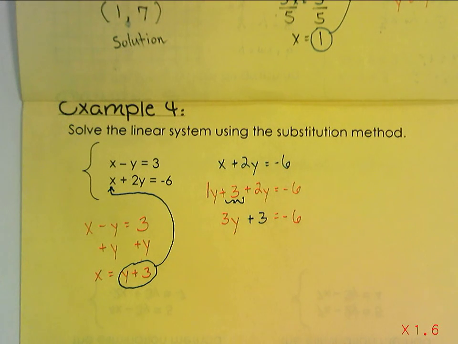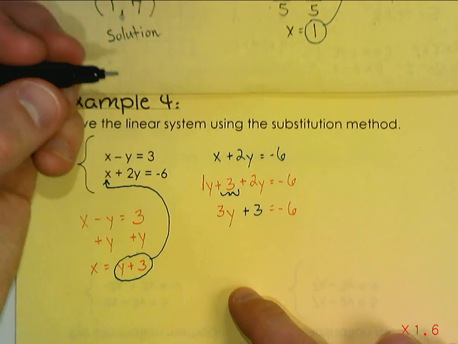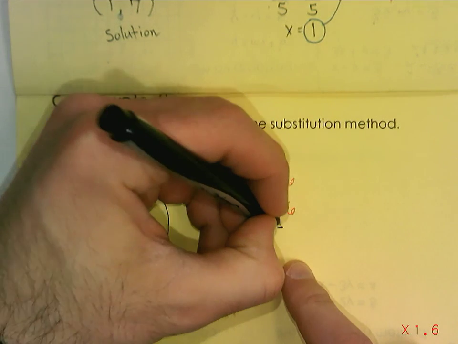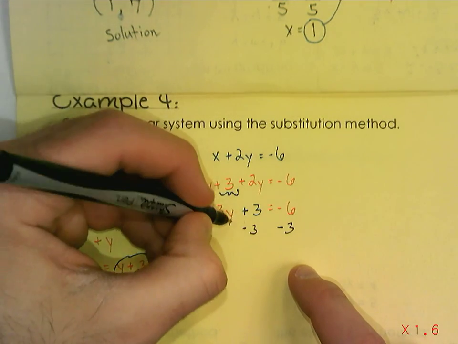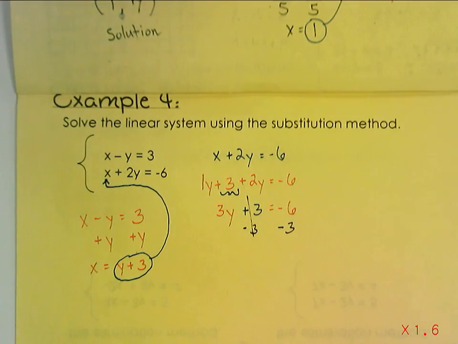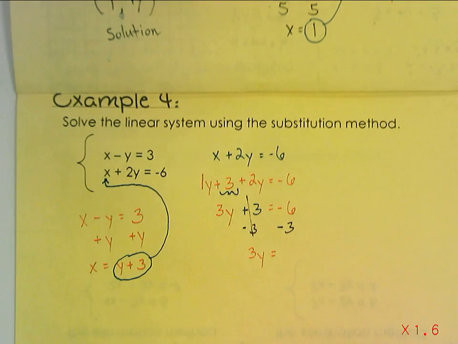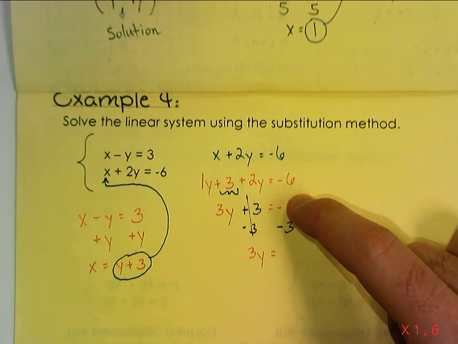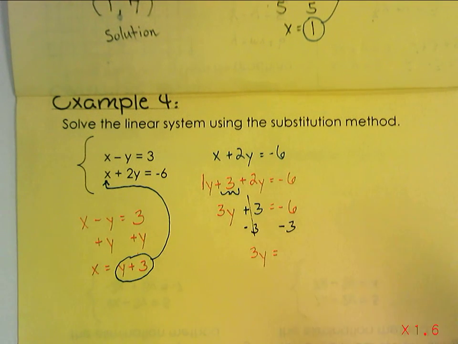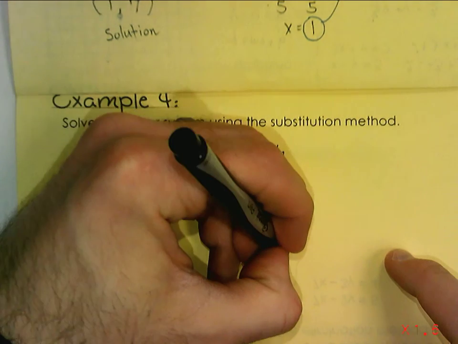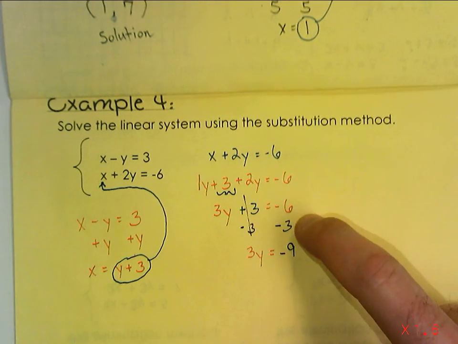Now it's a matter of solving a two-step equation, which we should be proficient in at this point. So trying to get y alone, subtract 3, subtract 3. These cancel. We're going to be left with 3y equals, so now I have to be careful here, negative 6 minus 3. Or negative 6 plus negative 3 would give me a negative 9. There's your integer operations again.